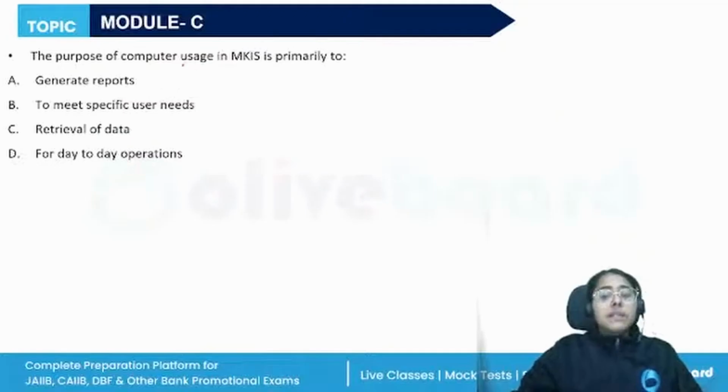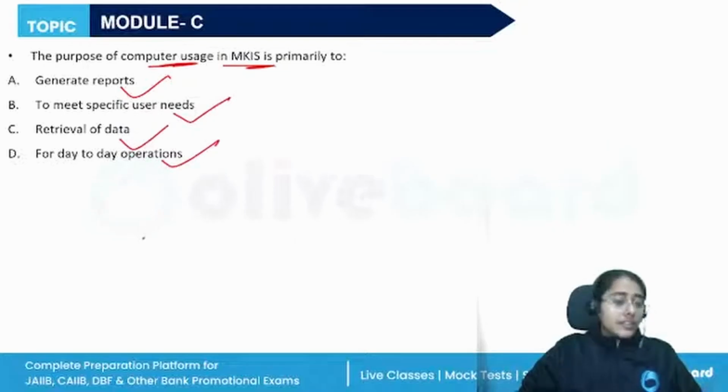Next, the purpose of computer usage in the MKIS is primarily two. In the MKIS, marketing information system, in which area is the computer used? Primarily, whether to generate reports to meet the specific user needs, retrieval of data, or for the day-to-day operations.